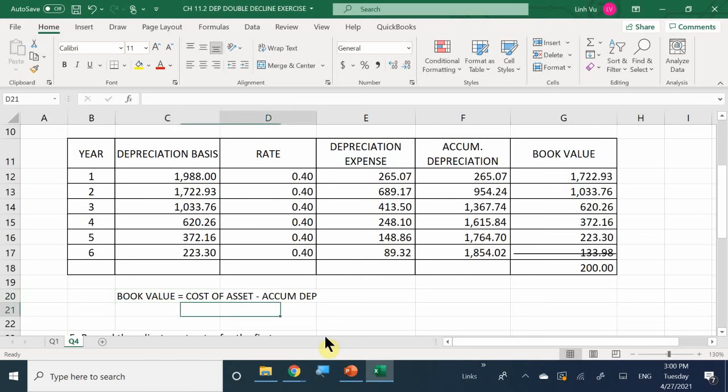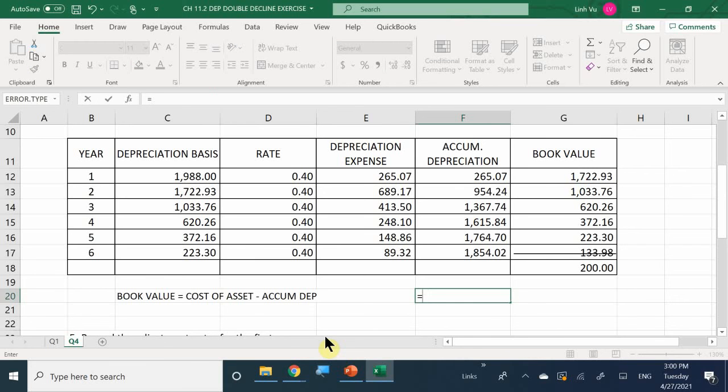So if that's the case here, what numbers do I actually have? What do I know if I have to work backwards? The 1988. And what else? 1854.02. Okay.